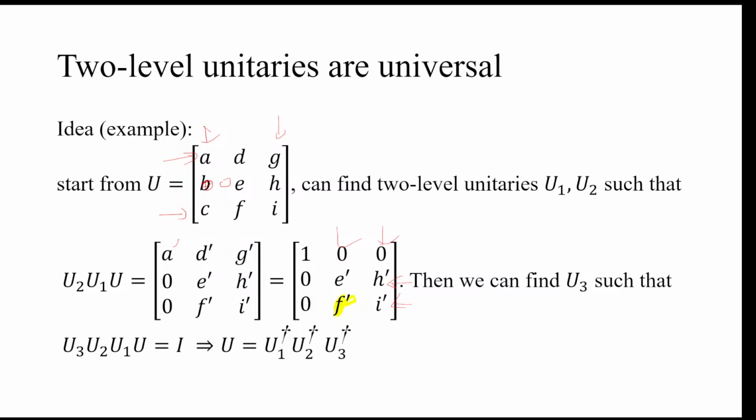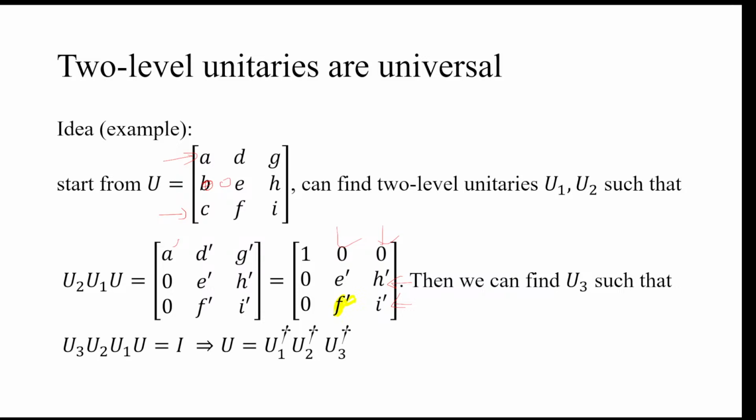Basically U2 will do row operations on the first level and the third level, so U2 will not change the 0 here. And U1 basically does row operations on the first level and second level, so you can make this B 0 here. And then U2 does row operations on the first level and the third level, then you make this C 0 here. And then you can get A 0 0 here.